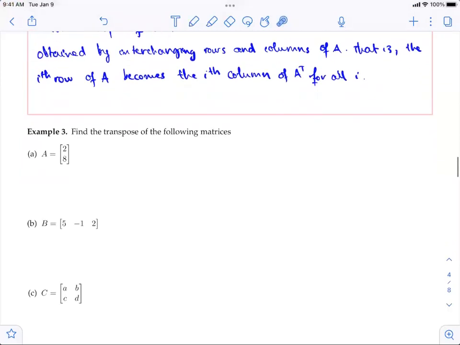So this is the column matrix of size 2 by 1, so you have 2 rows and 1 column. A transpose gives you a row matrix of size 1 by 2.